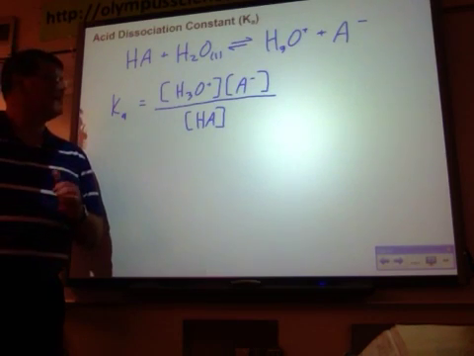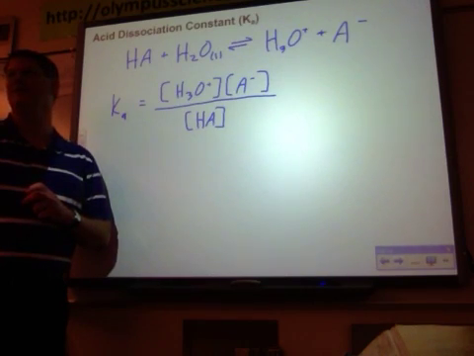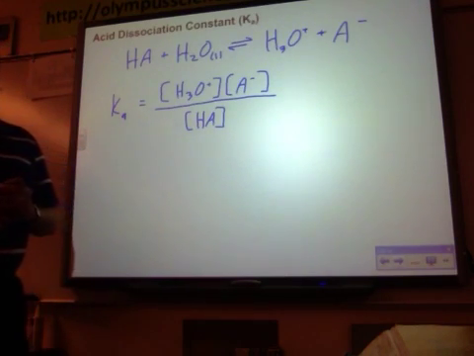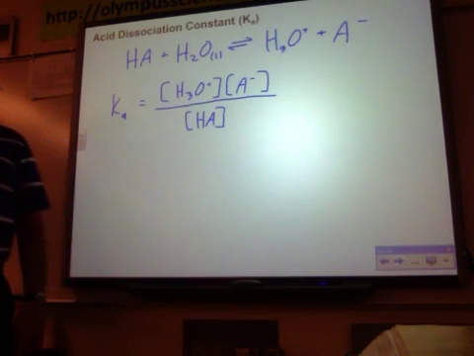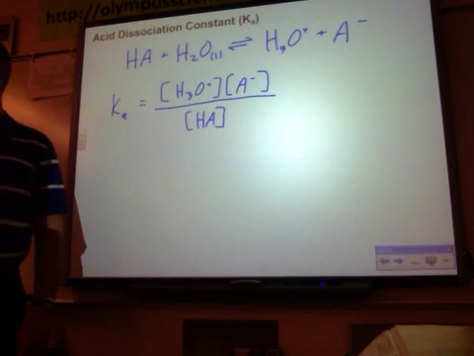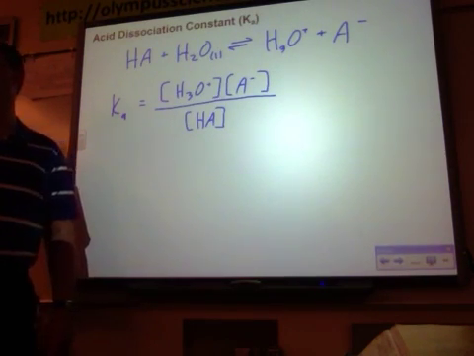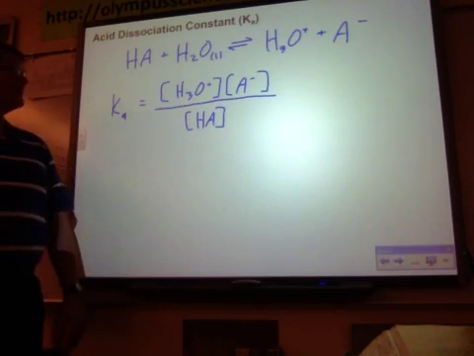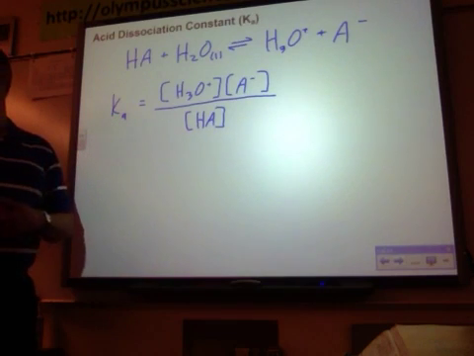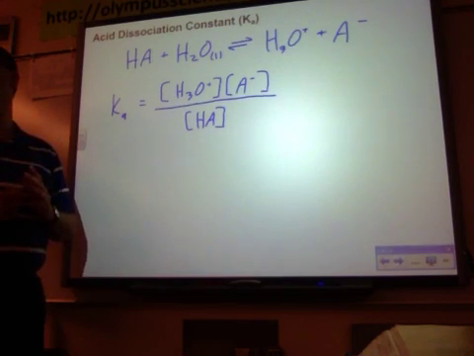Now, if we have a strong acid, tell me in just very general terms the value of Ka for that. In other words, don't give me a number necessarily, but describe what the number would be. First of all, what's going to be present in the largest quantity for a strong acid?